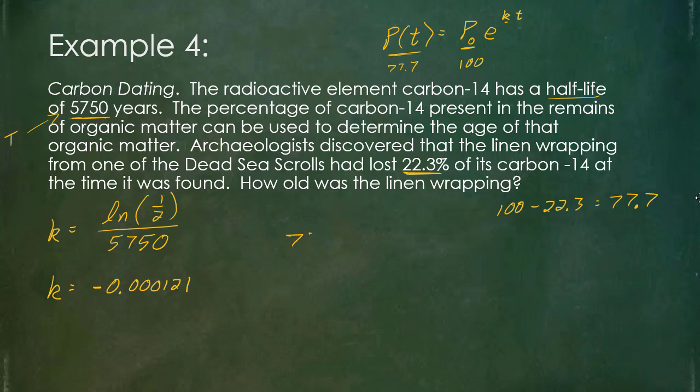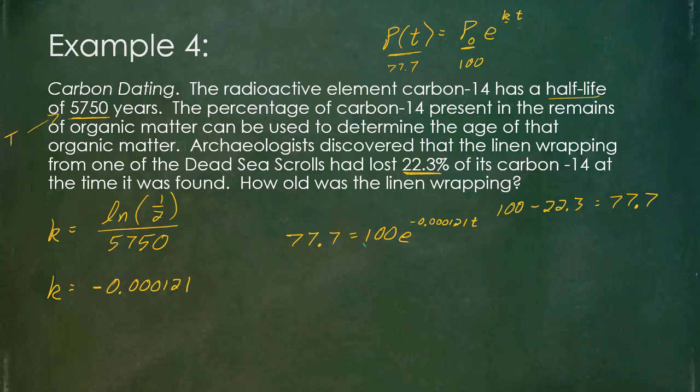So I'm going to take advantage of that concept and just say, well, 77.7 should equal, starting with 100, and then e to whatever our k was, which we just solved for, the negative 0.000121, and then t.